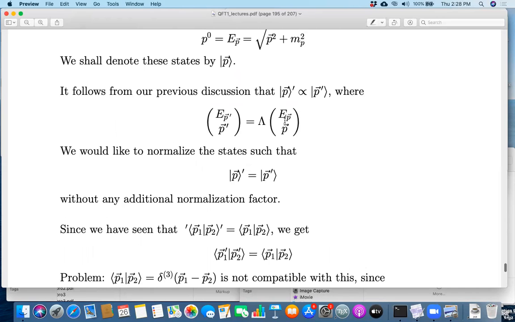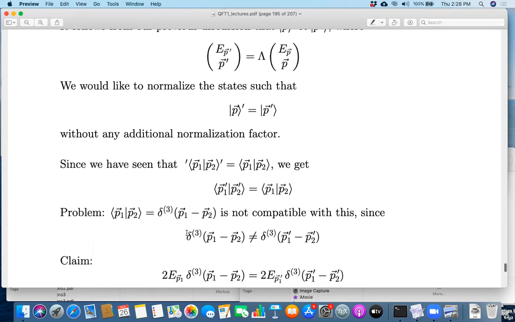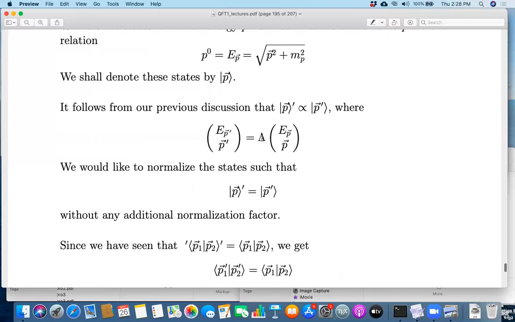So you look at this relation between P prime and P. In order that this relation holds, we have to make sure that the Jacobian, the determinant of the lower 3 by 3 block, because P prime and P are related by this lower 3 by 3 block, has determinant 1. But that's of course not the case for a Lorentz transformation. The Lorentz matrix lambda has determinant 1, but as a 4 by 4 matrix.